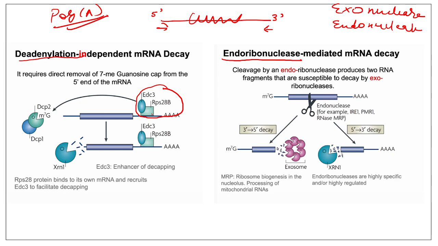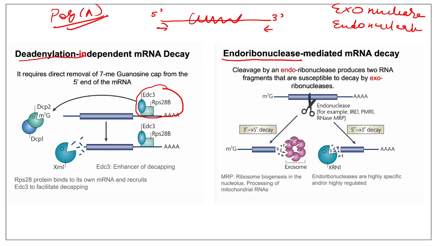Here you have the 3' end which has the poly A tail, but the newly made 5' end is broken. So at the 3' end, exonuclease will come and start chopping off the mRNA. At the 5' end, XRN1 will come and start chopping off the mRNA. In this way, endoribonuclease mediated mRNA decay happens.